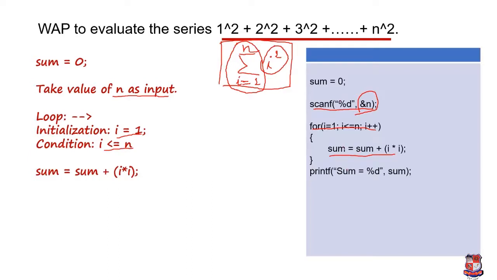In each iteration this expression will be evaluated, and at the end of the loop we will have the value inside the sum variable. The loop ends here, and outside the loop we print the value of the sum variable, which is our final answer for this series.